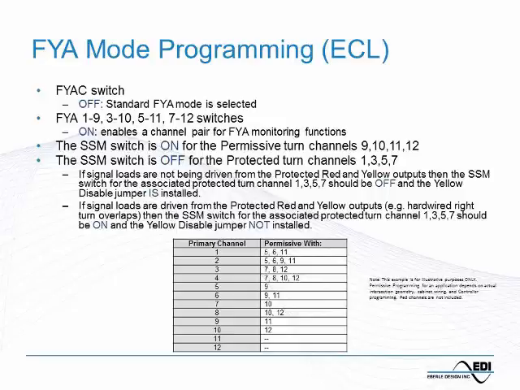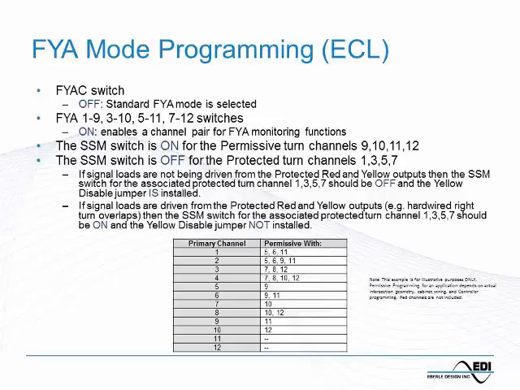So now we have to configure the monitor for the monitoring functionality for dual indication and clearance. We use the SSM switches for this purpose, and the programming for the flashing yellow arrow channel pair is done using the SSM switch for the overlap channels, in this case 9, 10, 11, and 12.